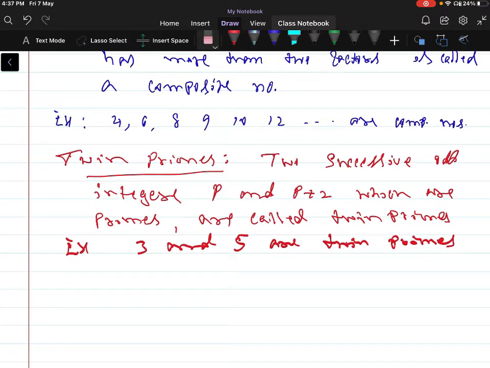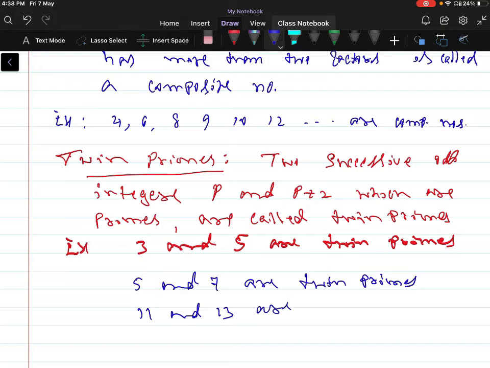Similarly 5 and 7 are twin primes. 11 and 13 are twin primes. 17 and 19 are twin primes.